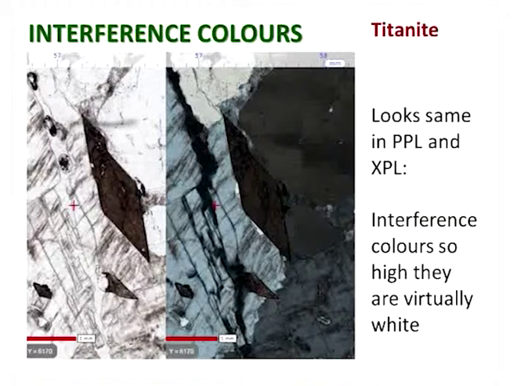And the effect of that is that it looks almost identical in plain polarised light and in cross polarised light. So if you see a mineral that doesn't appear to change at all when you flick from plain to cross polars, then that is really, really useful for picking out titanite, which you might also know as sphene. That's the old name for it, which a lot of people still like to use.